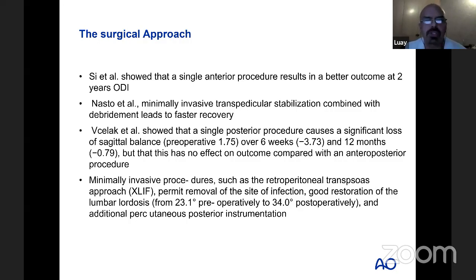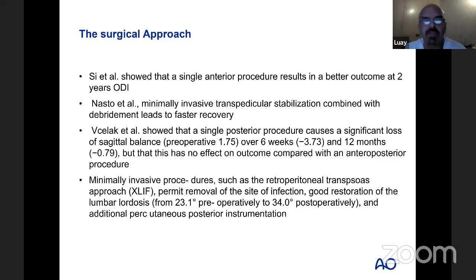Much of the literature shows that one is better than another. For example, this study showed that the single anterior procedure results in a better outcome after 1 year in terms of level of function or ODI.